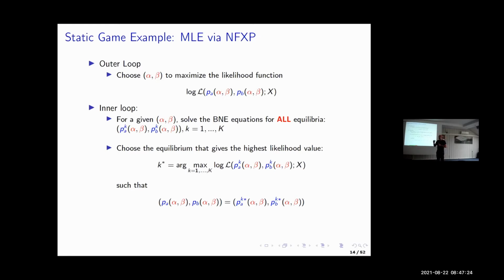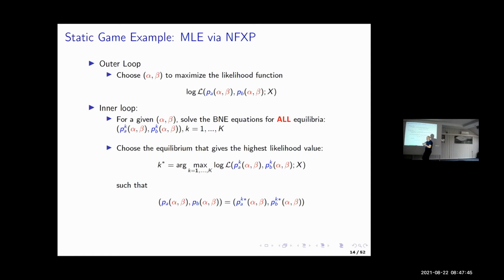It has to be all the equilibria, because these are all potentially solutions to the game. Let's denote all those different solutions with a subscript or superscript k, to say there could potentially be more than one equilibrium. In our case, it's going to be 3.